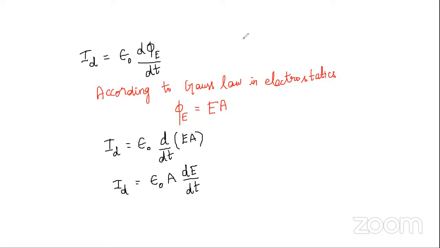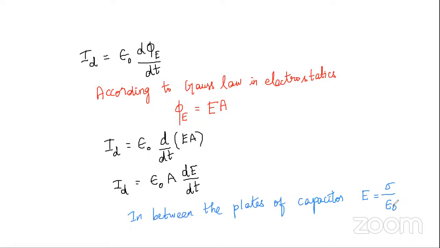And in between the plates of the capacitor, at a point in between the plates, your electric field is given by E equal to sigma by epsilon naught.